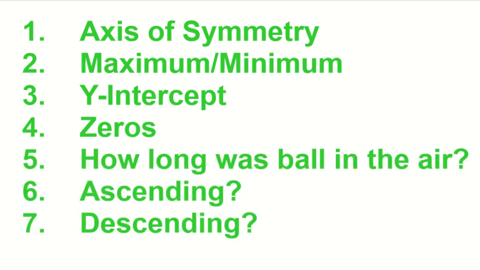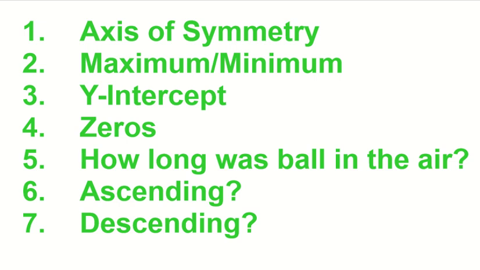All right, so you got basically 7 questions they can ask you. They can ask you for the axis of symmetry. The axis of symmetry, like I said, is the x value for the vertex. So I'll show you how to find that in a second. They can ask you for the maximum or minimum. That could be just the y value. That's usually what they're talking about, the y value for the vertex.